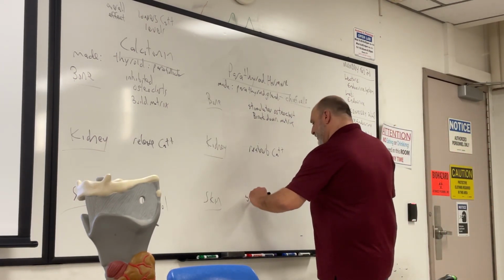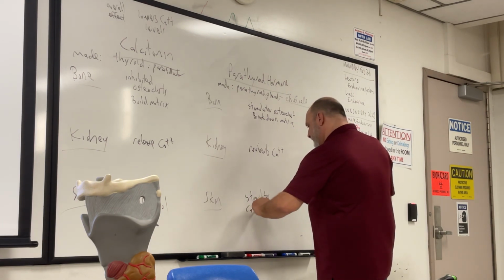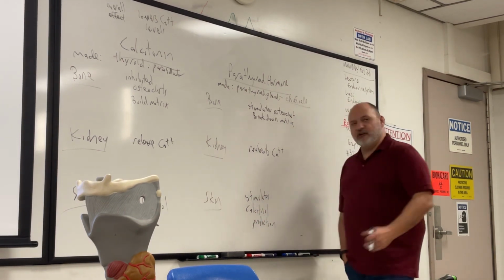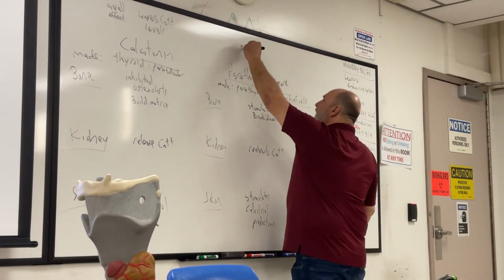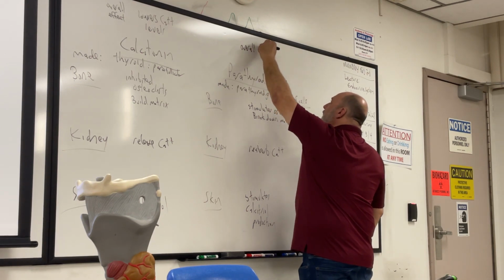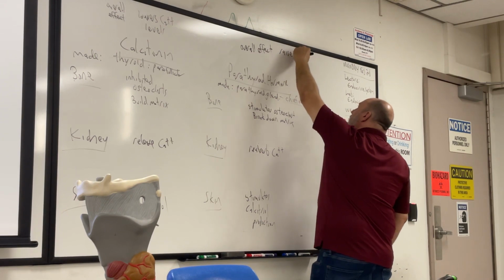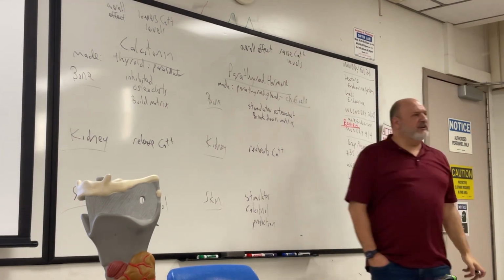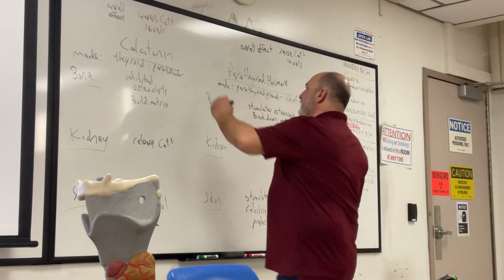And it stimulates calcitriol production, bringing calcium from our digestive system into our blood. So the overall effect is to raise calcium levels. And how would we describe the relationship between these two hormones? Antagonistic.